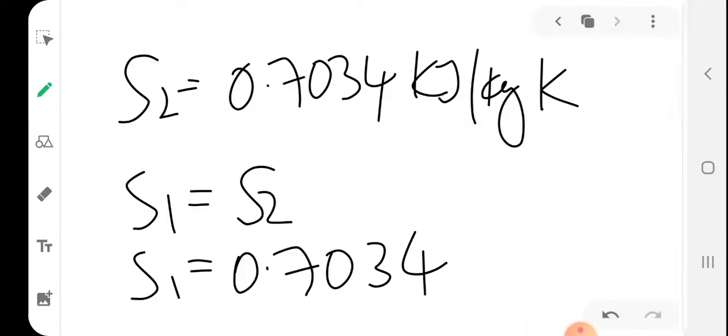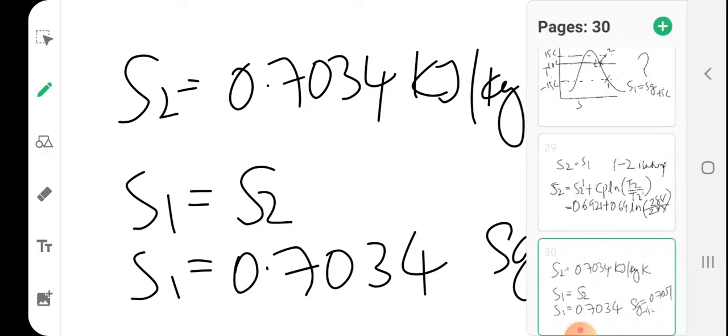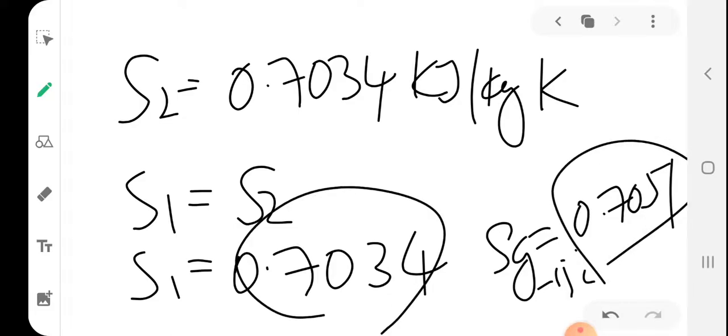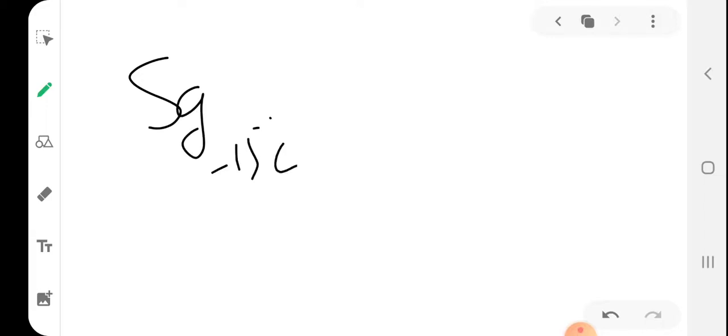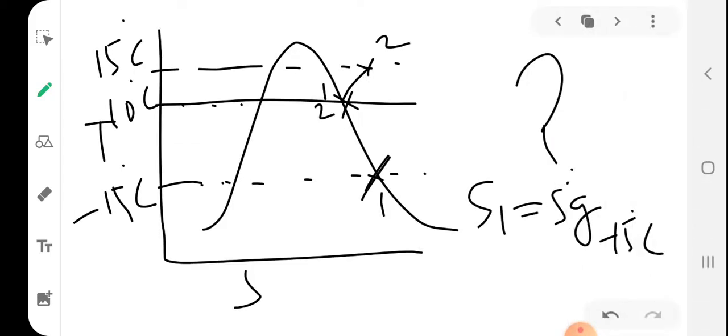So Sg at -15 degrees Celsius is greater than S1. Naturally position 1 should be inside the dome, since Sg is greater than S1. So that is the trick.